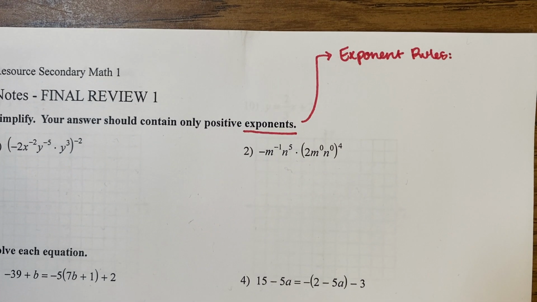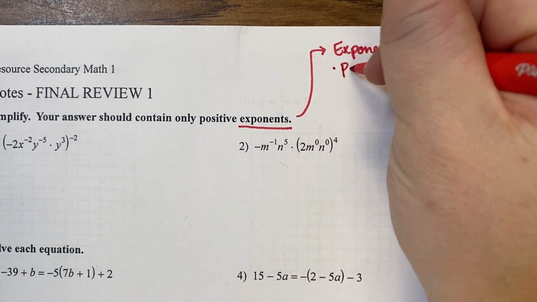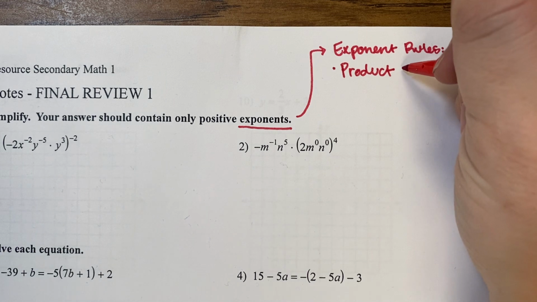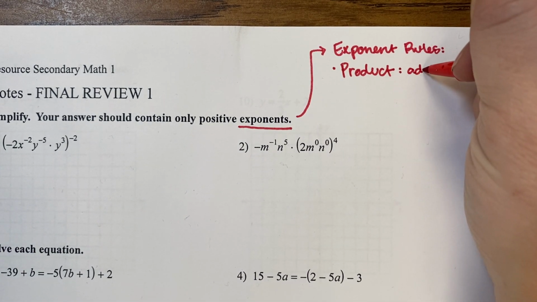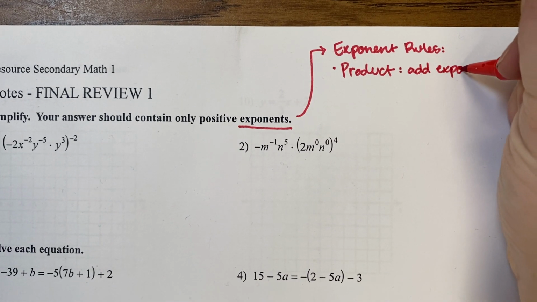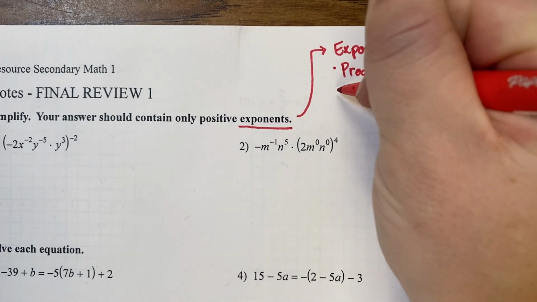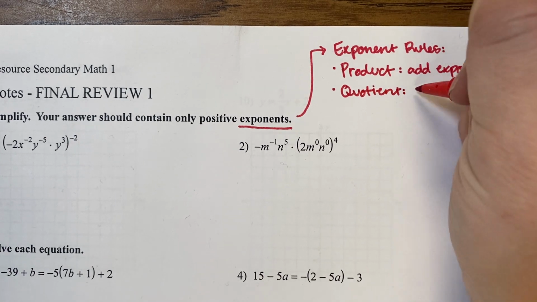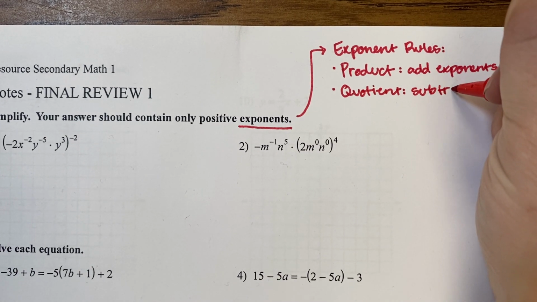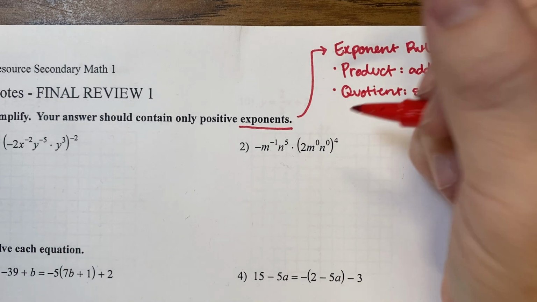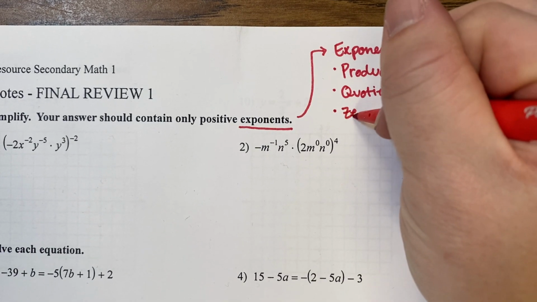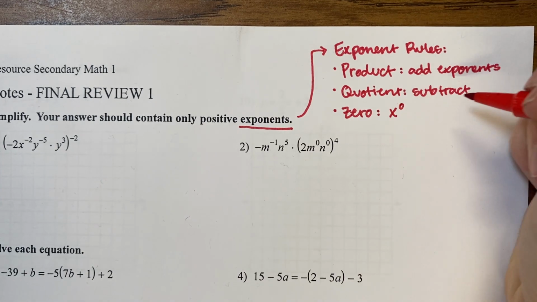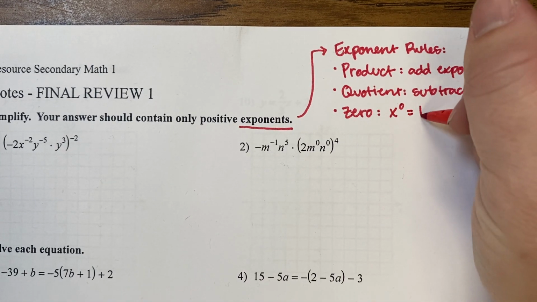Okay, we had a few rules that we learned about. The first one was our product rule. This is where we add the exponents. Then we had our quotient rule, where we subtracted or canceled the exponents. Then we had our zero rule, saying anything to the zero power is equal to 1.